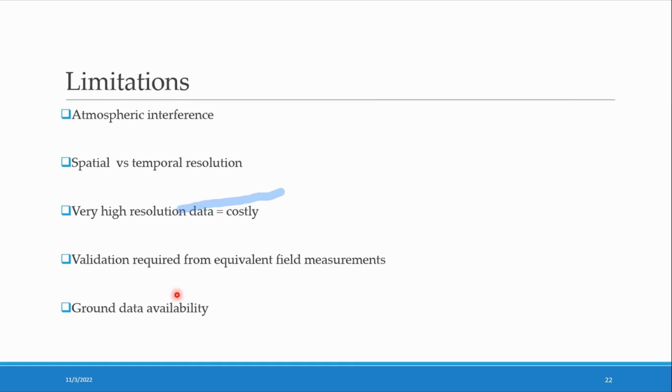So the first thing is what we have been talking about, atmospheric interference. In the previous slides, we saw that clouds do absorb radiation, and so much of the radiation is not able to be recorded by the sensor. So those atmospheric interruptions are one of the limitations in applying thermal remote sensing or remote sensing in general.